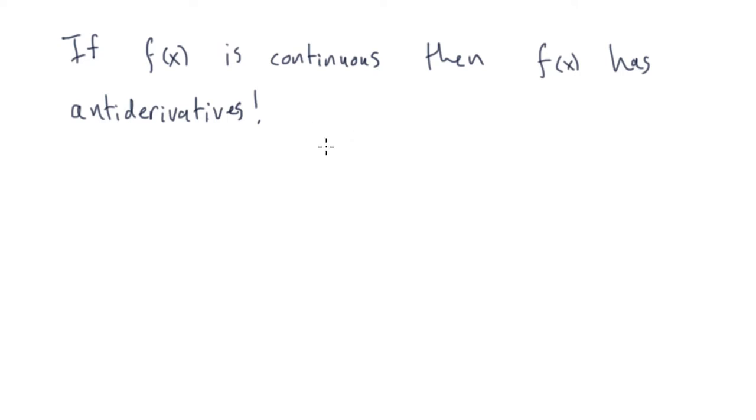But moreover, we want to give a name for the most general antiderivative. So that way, when I say, okay, what is the antiderivative of f? Well, I can't say specifically which one it is, but I can give a general form for the antiderivatives of f. So we give a name to this. We say the indefinite, and now you're just going to have to go with me on this terminology for a while. It's going to all make sense in time, but for now, we're just defining this thing.